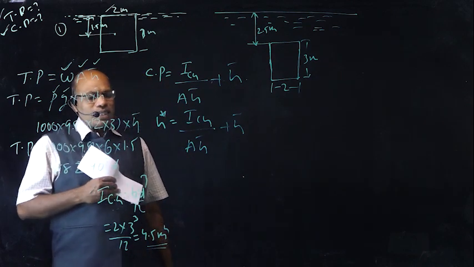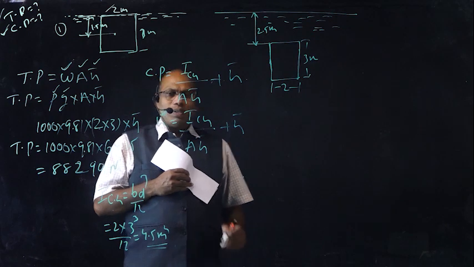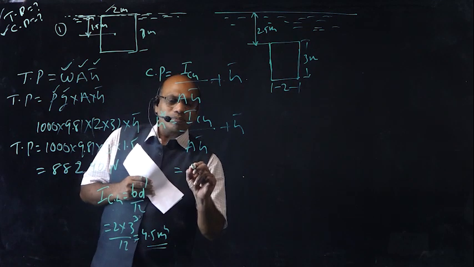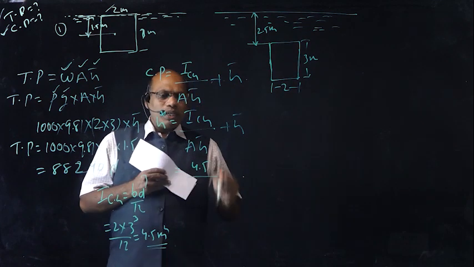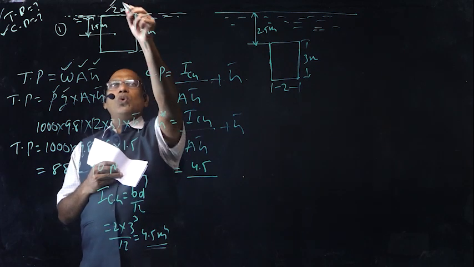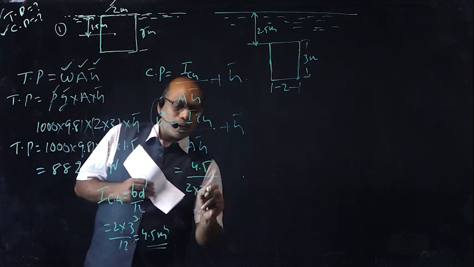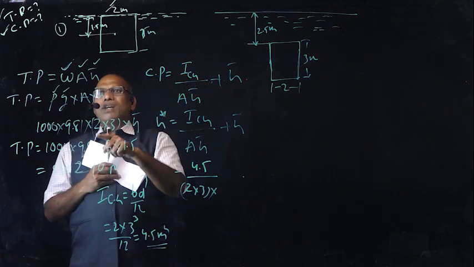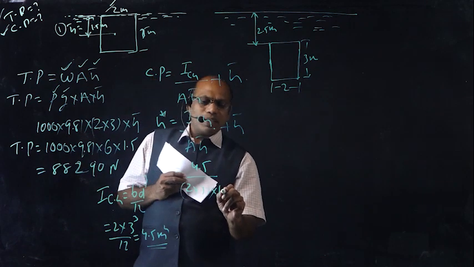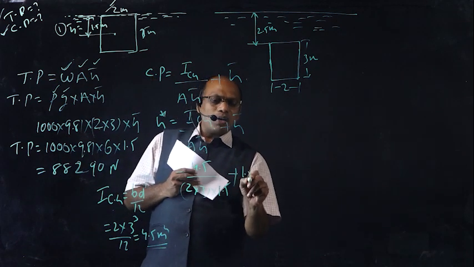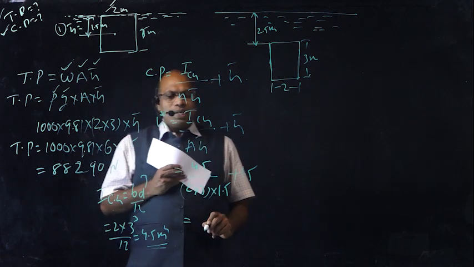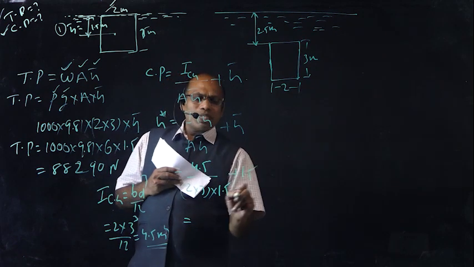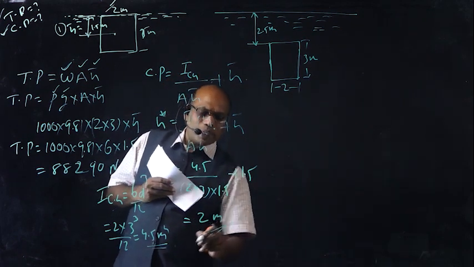Therefore, center of pressure H star equal to ICG 4.5 divided by area, that is 2 into 3, into H bar. Already we have determined H bar is equal to 1.5 meter, plus H bar 1.5. Finally, the center of pressure H star is equal to 2 meters.